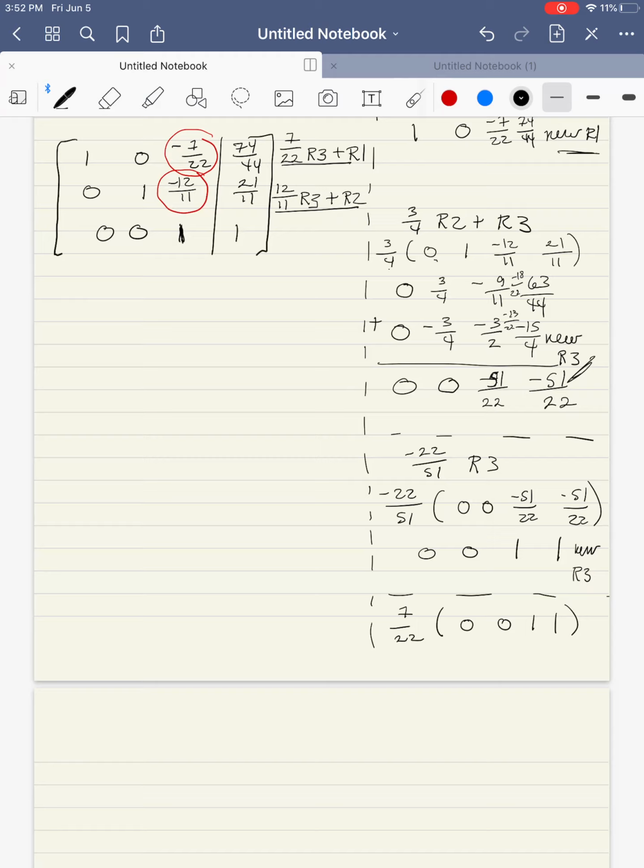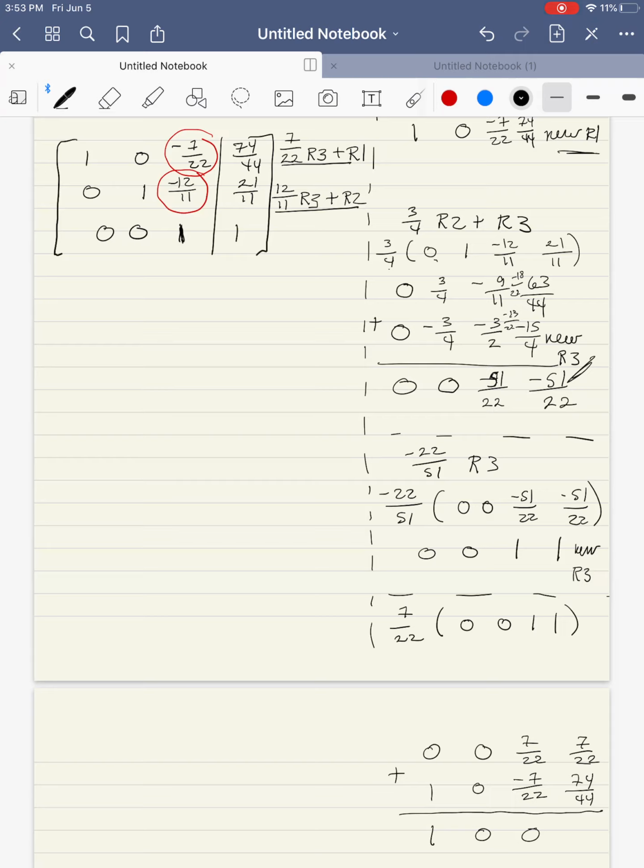Times 0 is 0. And then times 1. And we're going to add that to row 1. And notice 7 over 22 minus 7 over 22 is 0, which is what we were trying to do.